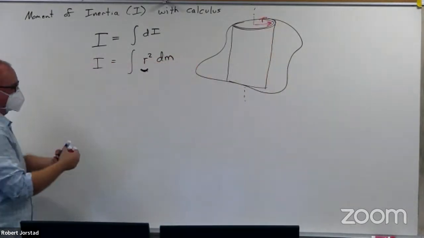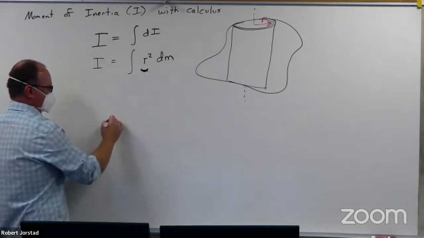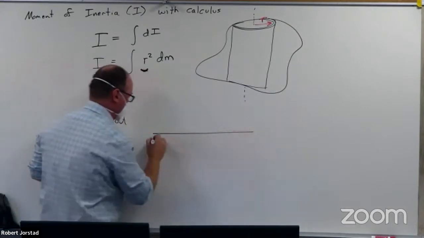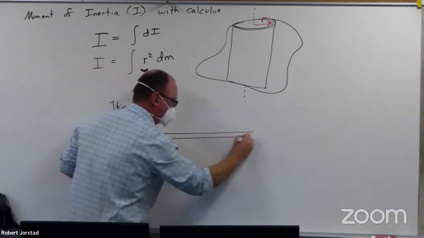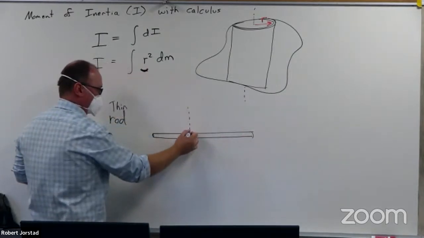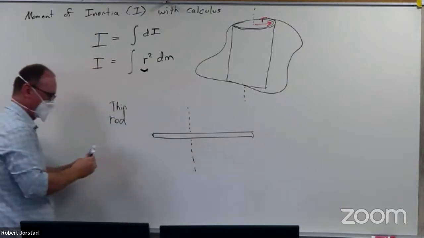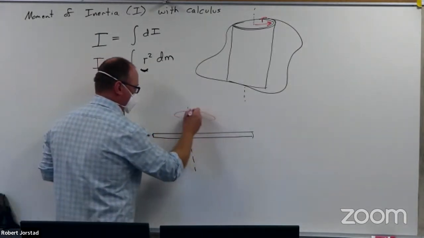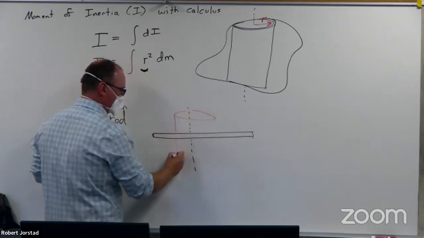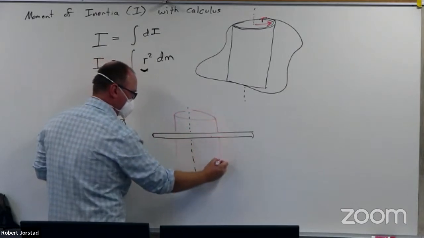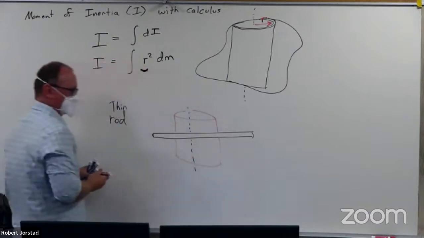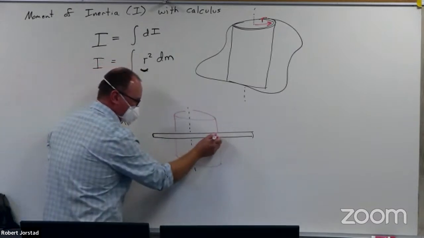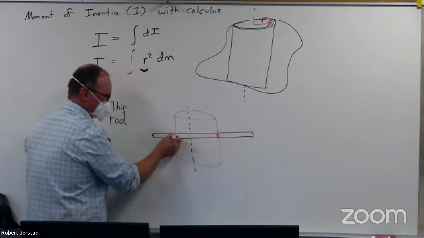In practice, what happens if we take this to a rod? And here's our axis. The trick is, you can imagine having the same cylinder here. The only piece that matters is right here or right here.